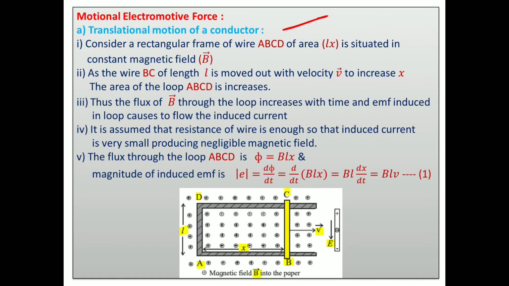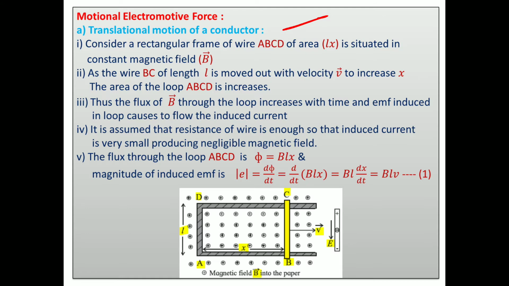Then the flux through the loop ABCD, phi equals BLX. The magnitude of induced EMF, but X is changeable with time, so the magnitude of induced EMF E equals d phi by dt, the rate of change of flux, and phi is nothing but BLX. B and L are constants, meaning constant magnetic field is there and L is also constant, but X goes on increasing.